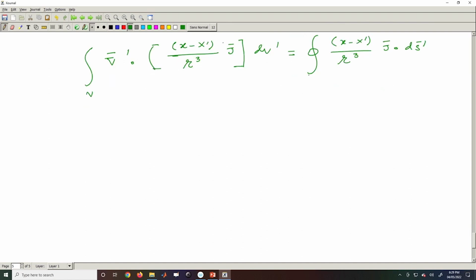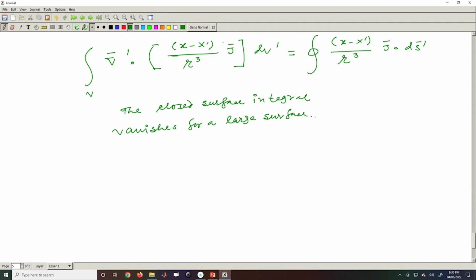So, this closed surface integral vanishes for a large surface.